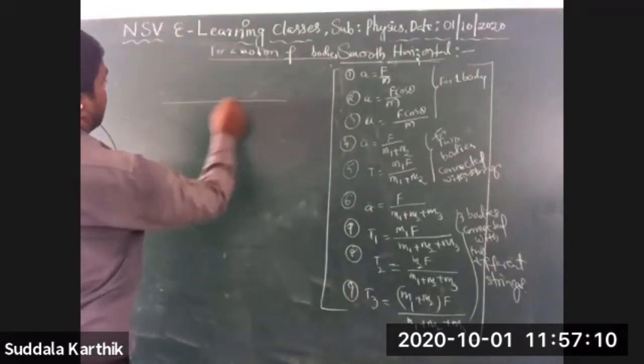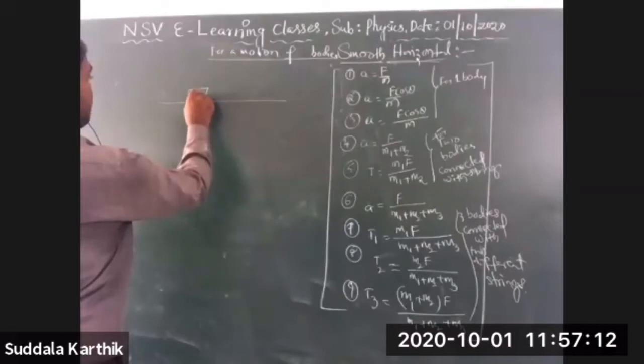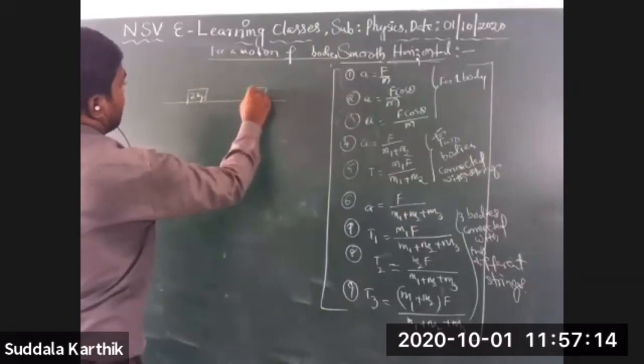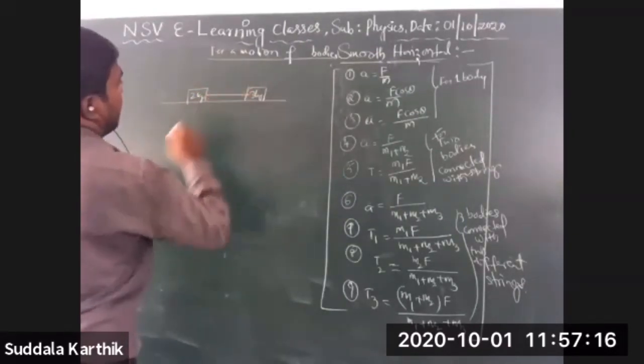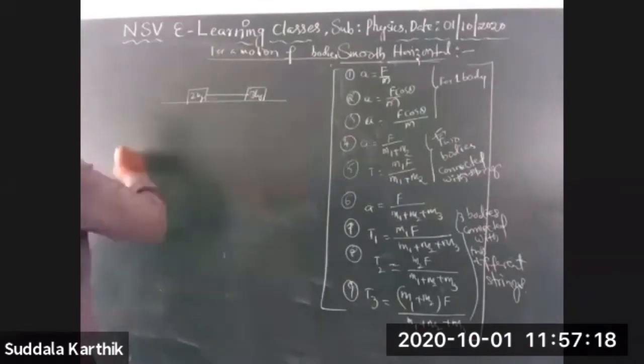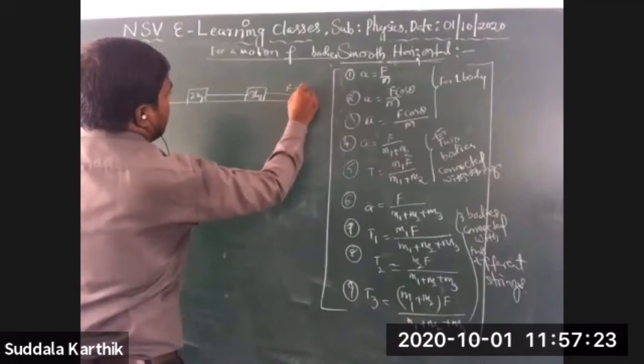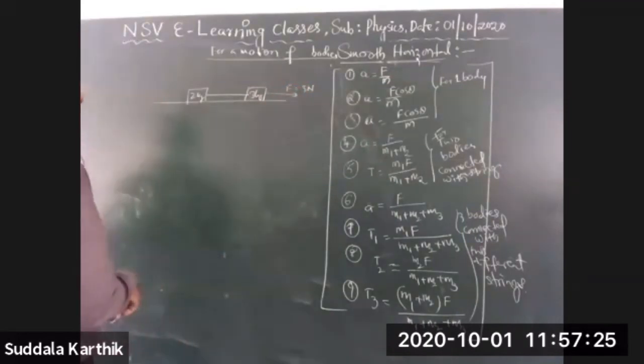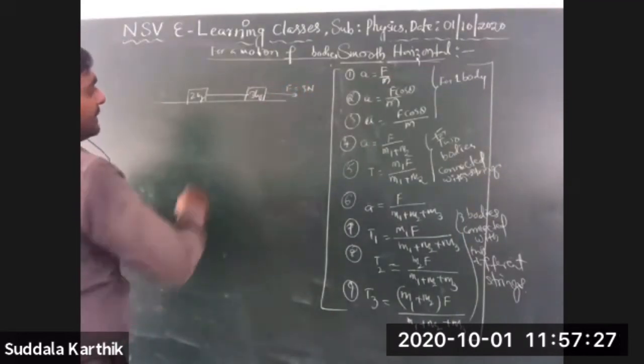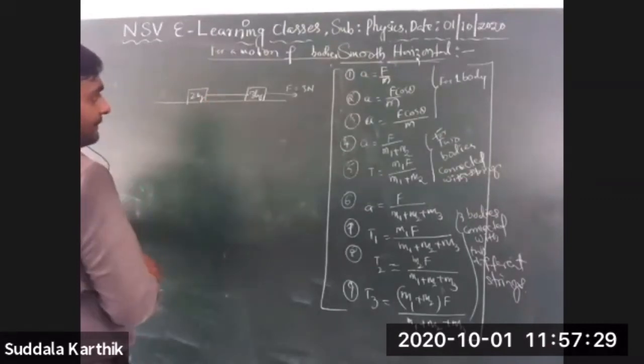Two bodies of masses 2 kg and 3 kg are connected by one string, and a force F equal to 3 newtons is applied on this. The tension developed in the string is how much?